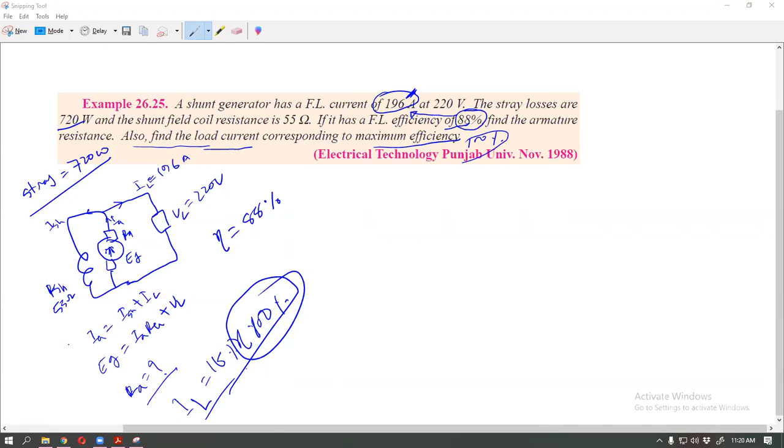You just take ISH is equal to VSH by RSH. VSH is equal to this voltage, and this voltage is the same. So 220 by 55. What's the value? 4.